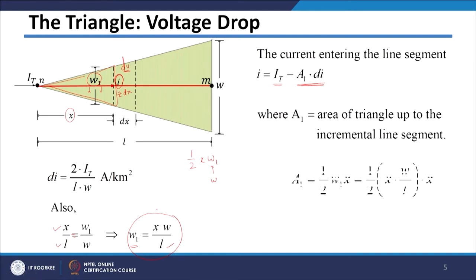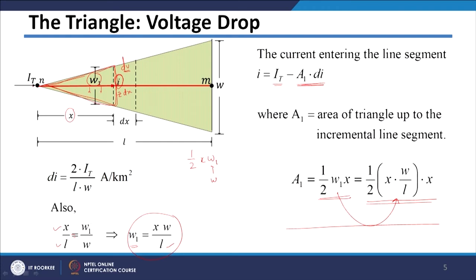So, from this I can write the equation for area. Area will be 1/2 w1 into x, and w1 we have written in terms of x and w, which is written here, and this will be nothing but your area of the triangle, the triangular area just before your strip.